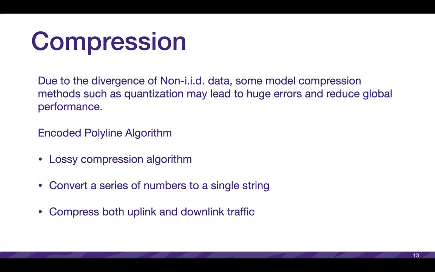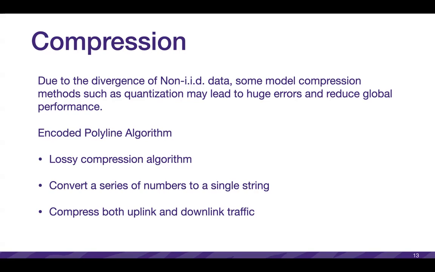And to solve another problem, to reduce the communication cost, first, the authors claim that due to the divergence of the non-IID data, some model compression methods, for example quantization, may lead to huge errors because the local models from different clients can be very different. So the authors used a kind of data compression method in this paper.